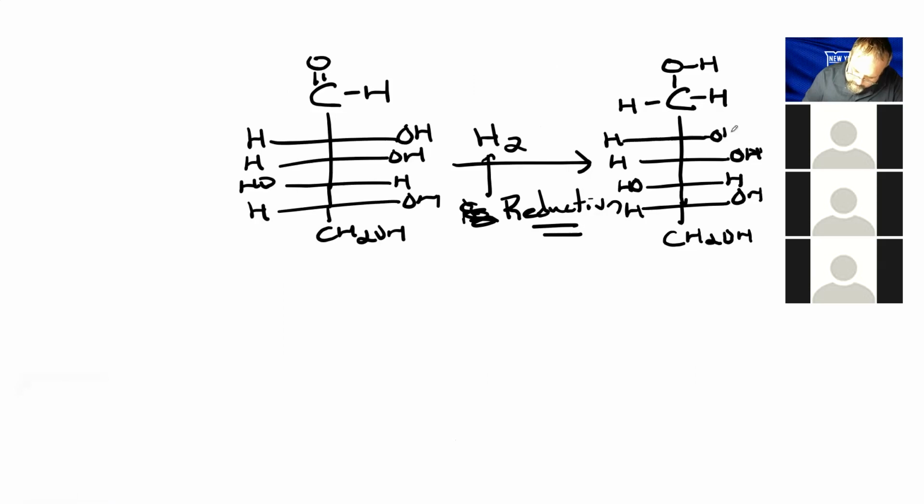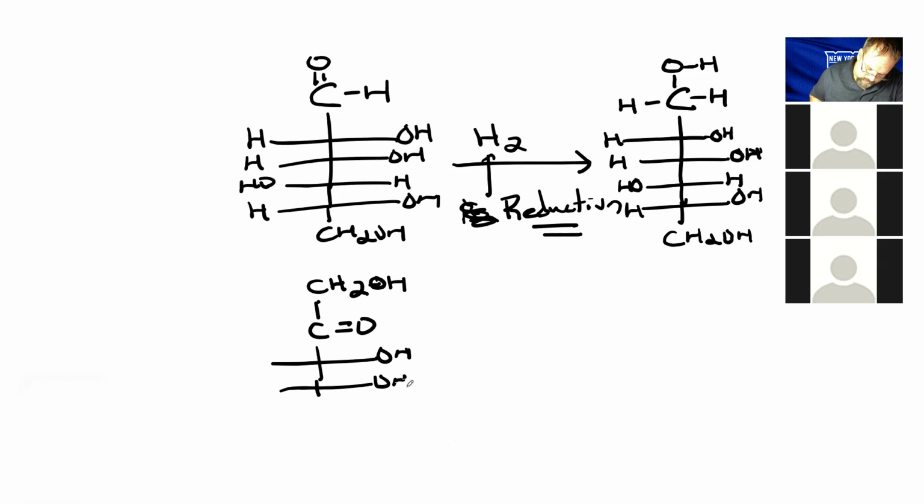So yeah, this would be the problem. If you had something like this, CH2OH, C double bond O, and OH, OH, CH2OH, and then H and H, and then you had reduction, H2. Remember when we talked about aldehydes and ketones and their reduction?